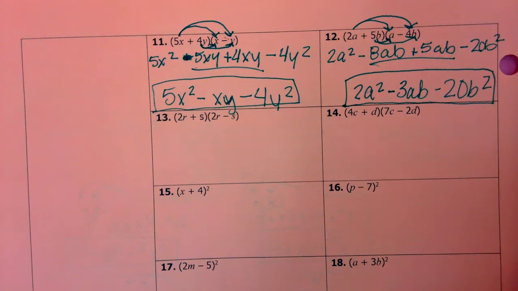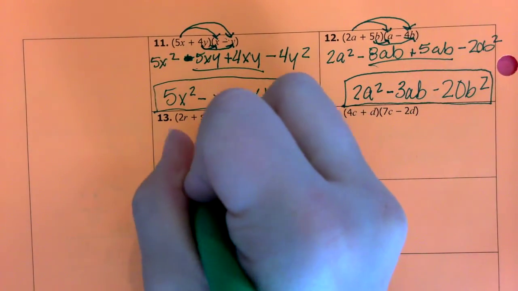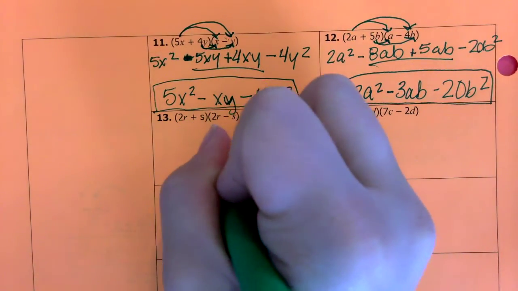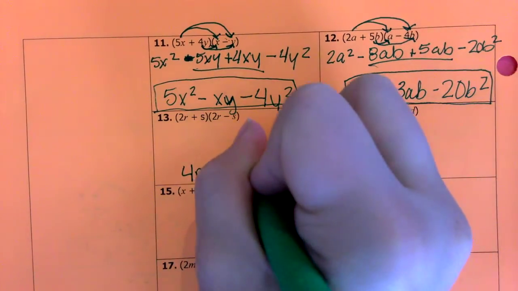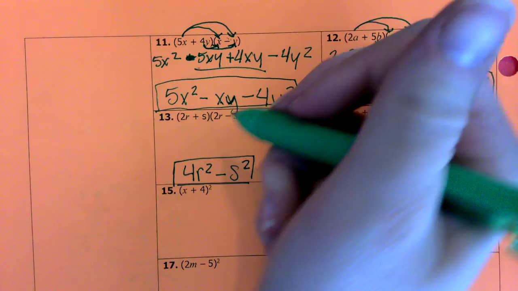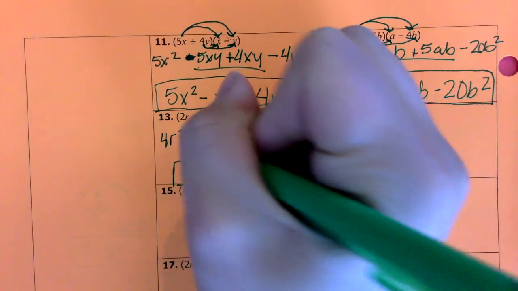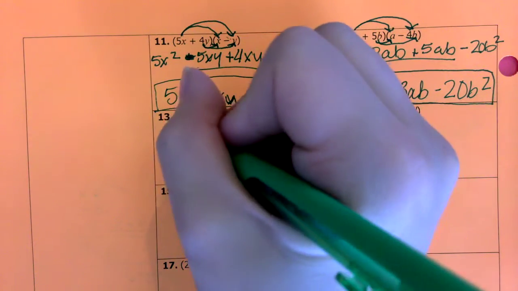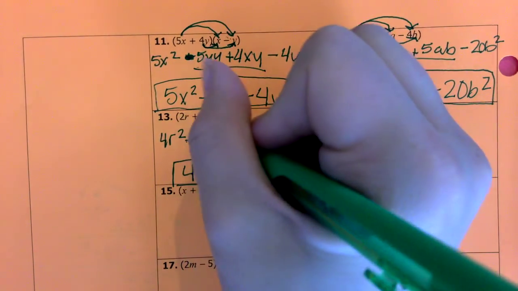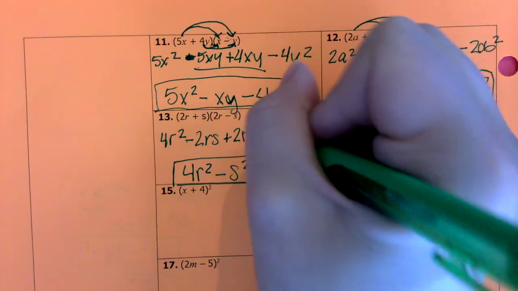On my other ones now, it's a similar thing. For a final answer on here, you're going to get 4r squared minus s squared. And what happens again on this one is those middle terms canceled out. So when you multiply, you're going to get 4r squared minus 2rs plus 2rs, and then minus s squared.